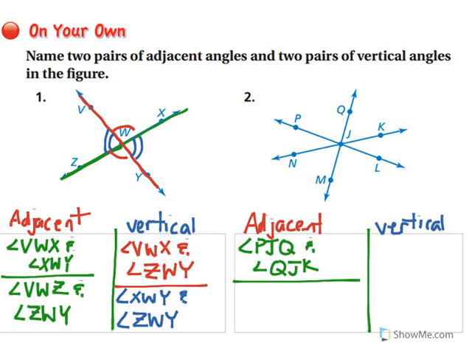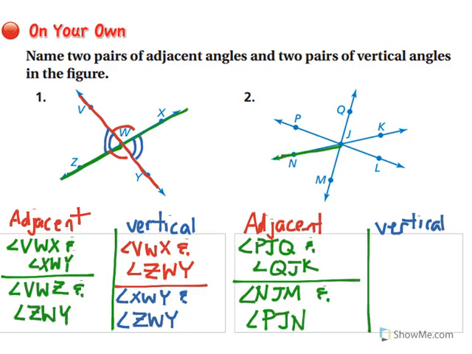And then let's say that I am going to look at, I don't know, angle NJM. And, well, NJM, we'll say NJ is our side that we have that is adjacent, a common side. So we're going to say PJN, angle PJN. These two are adjacent. All right?